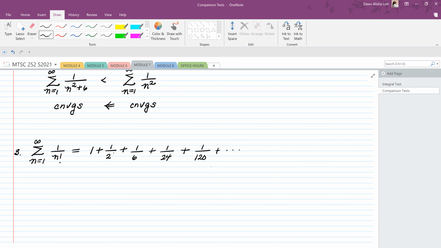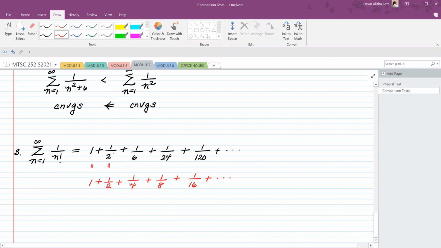So one of the series that we looked at is this series where we had 1 plus a half plus a fourth plus an eighth plus 1 over 16 plus... Okay, so as I can see, 1 equals 1, and 1/2 equals a half.